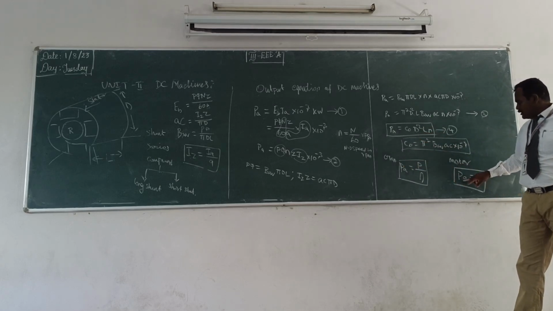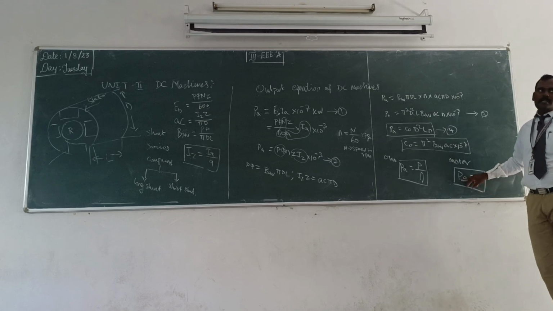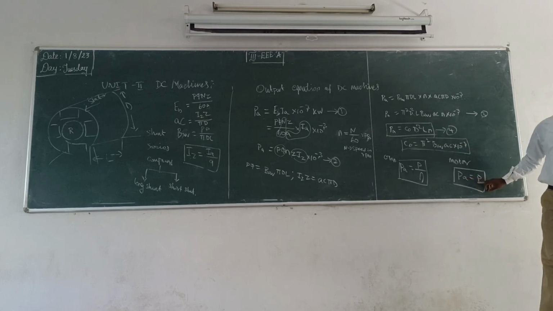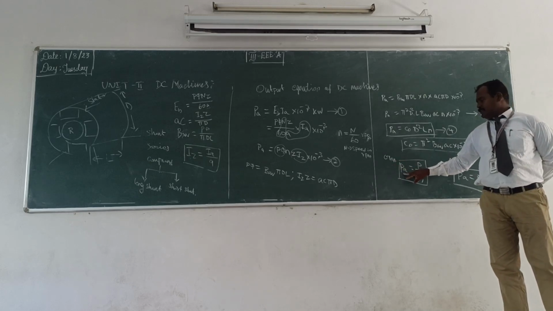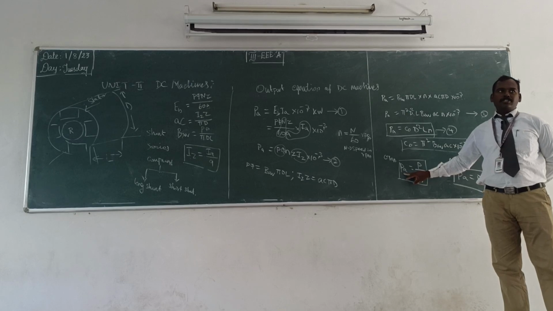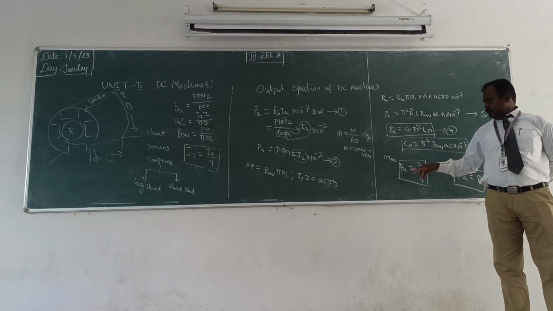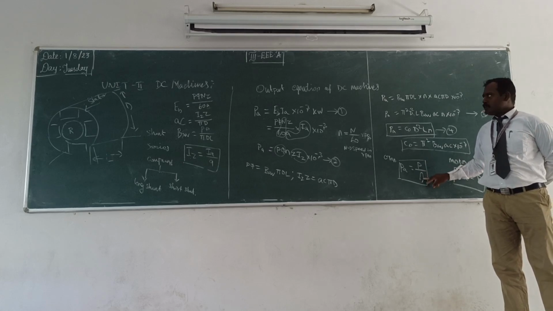For the case of a motor, Pa, the power developed in the armature, should be equal to the rating of the machine or output power. Similarly, for a generator, Pa, the power produced in the armature, should be equal to P divided by the efficiency, where eta is the efficiency notation, because a generator is capable of producing power.